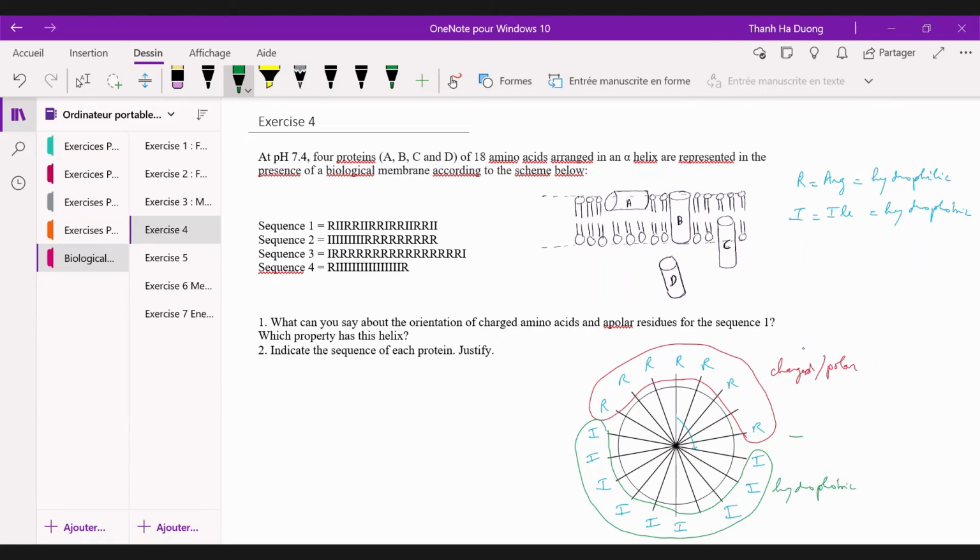So it's called what we say an amphipathic helix. It means that one side of the helix is charged, the other side of the helix is hydrophobic. So the sequence 1 corresponds to which protein?